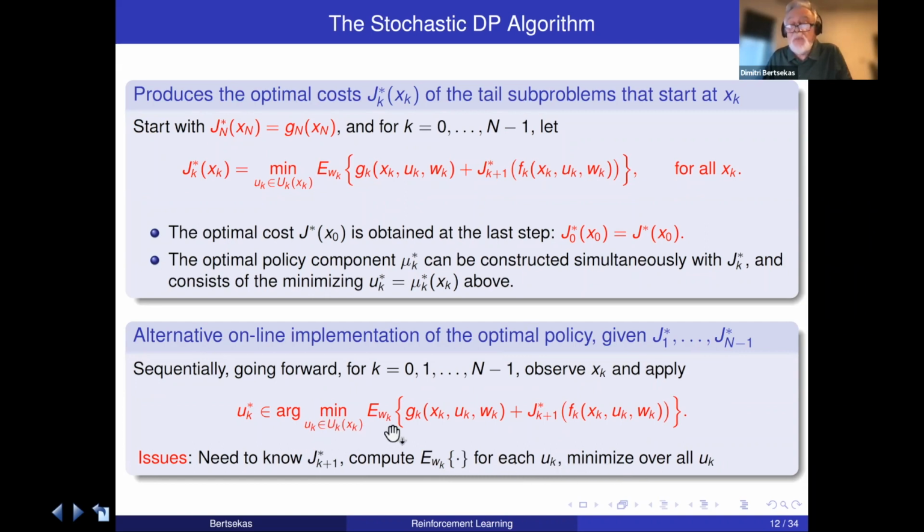And then we have to also minimize over all u, which also involves some computation. So all in all, this algorithm is very, very time consuming for any kind of challenging problem. However, there are some nice problems for which this algorithm works nicely analytically. It can be used for analytical solution of the problem.